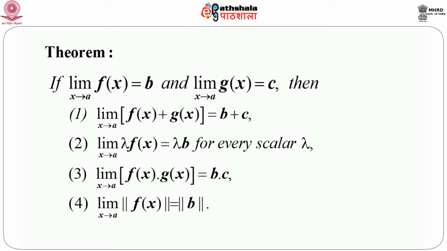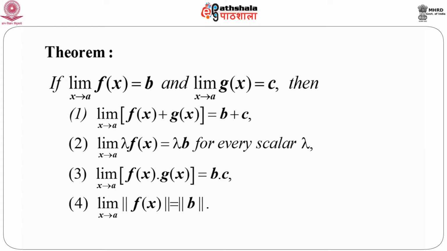And also, very interestingly, the limit of the norm of f(x) as x goes to a equals the norm of the limit. This is very important, and it has immense application in many theorems in studying these functions of several variables. So we can propose a few results analogous to functions of a single real variable.